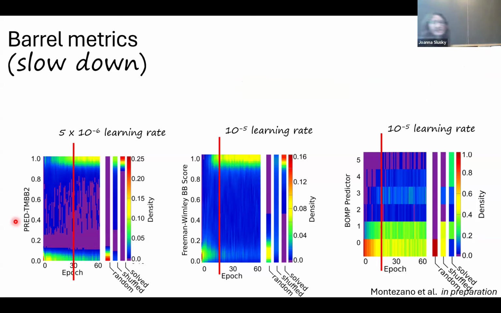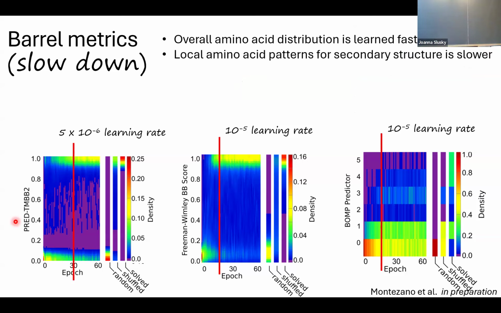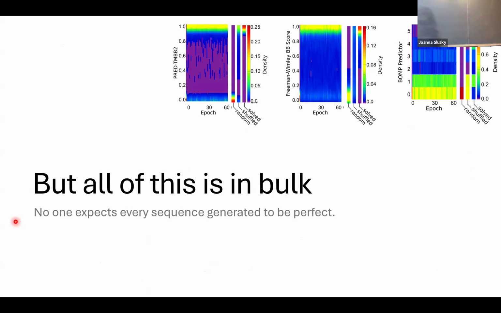So what that says then is that for the overall amino acid distribution, you're learning that faster, and local amino acid patterns for secondary structure, you're learning slower, and even slower would be perfect sequence motif recapitulation. That is quite hard. But all of this is in bulk. Nobody actually expects every sequence generated to be perfect.